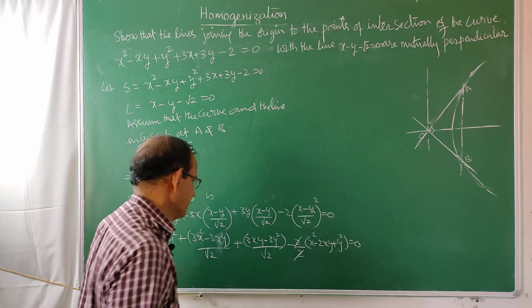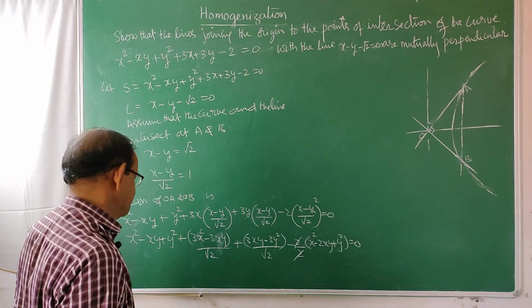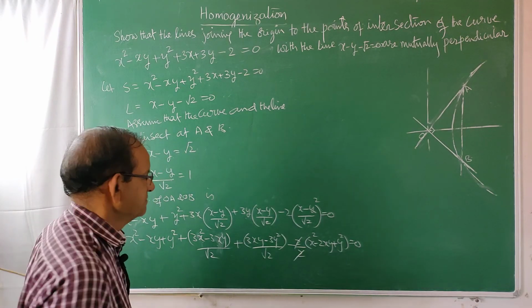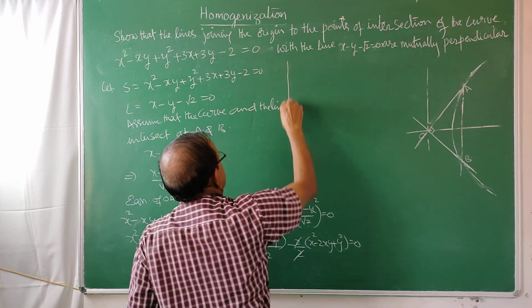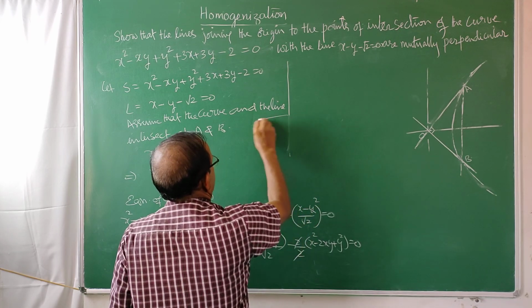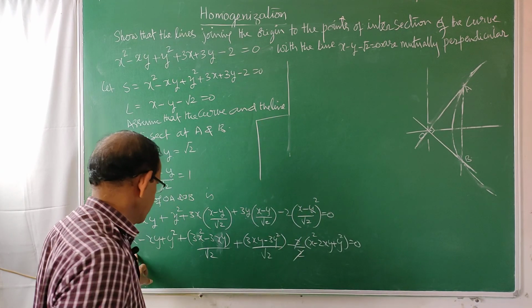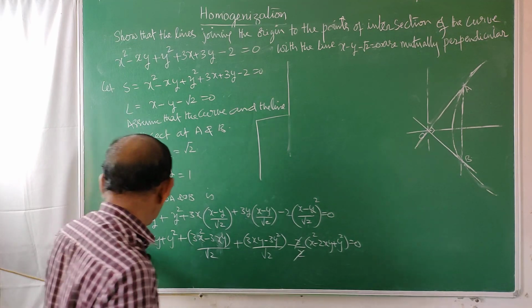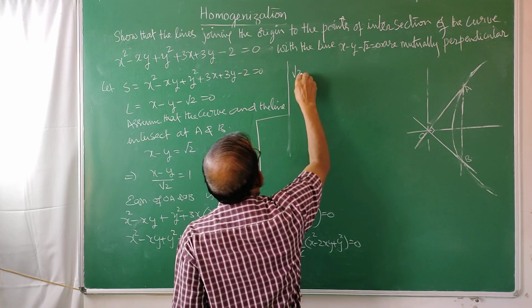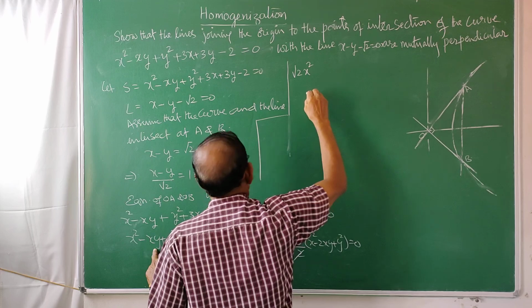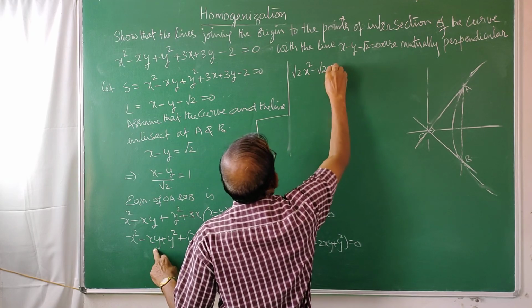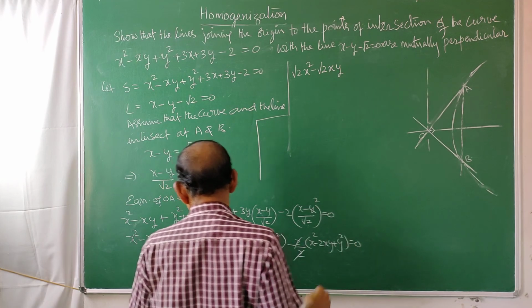Cancel this 2. Now root 2 is LCM. Take LCM and cross multiplication also. You will have to multiply all the terms with root 2. Root 2 x square minus root 2 xy plus root 2 y square.